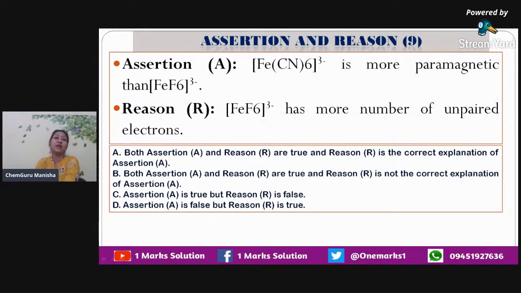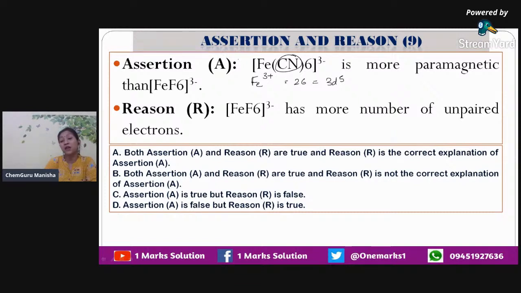The ninth statement that we have is: [Fe(CN)6]3- is more paramagnetic than [FeF6]3-. For this, you can simply go by VBT. I hope you understand this. For Fe, you get the oxidation state as +3. Fe has atomic number 26, so Fe3+ becomes 3d5, and I have 5 unpaired electrons here. If I go with [FeF6]3-, I again get Fe3+, but CN here is a strong ligand, so pairing of electrons will be done.